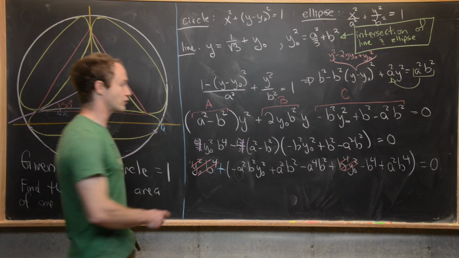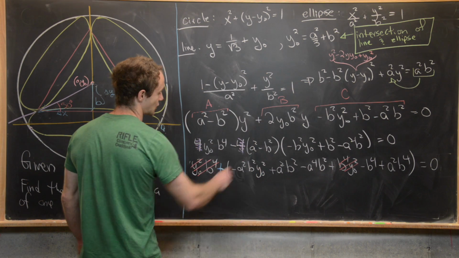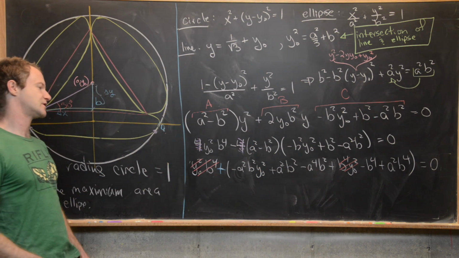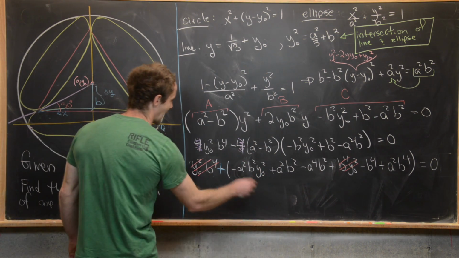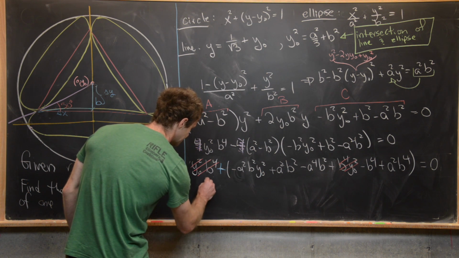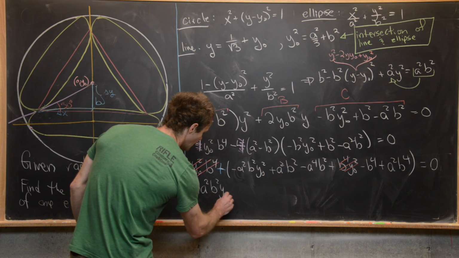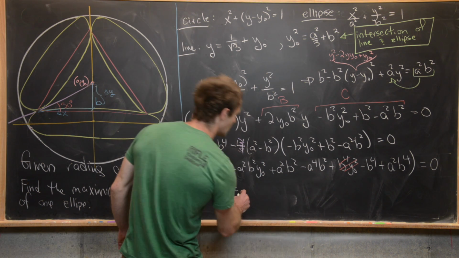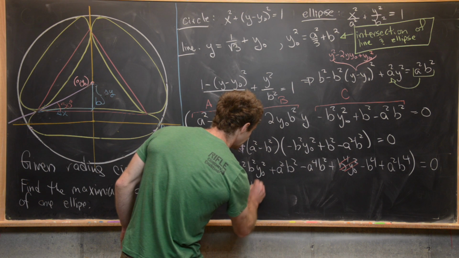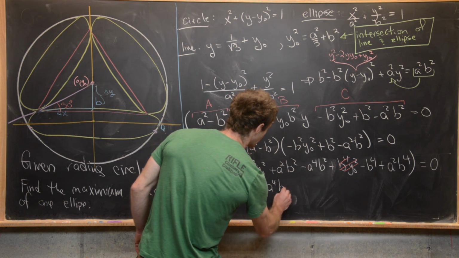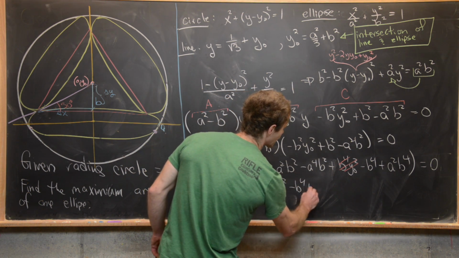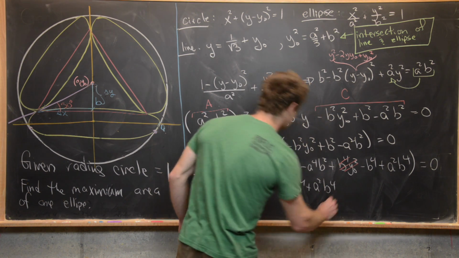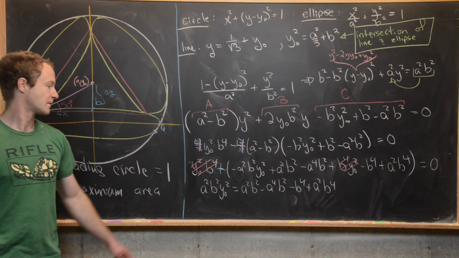So let's maybe rewrite this so that we have solved for y0 squared. We can add minus a squared b squared y0 squared to both sides of the equation. That gives us a squared b squared y0 squared equals. So next we'll have a squared b squared minus a to the fourth b squared minus b to the fourth plus a squared b to the fourth like this.